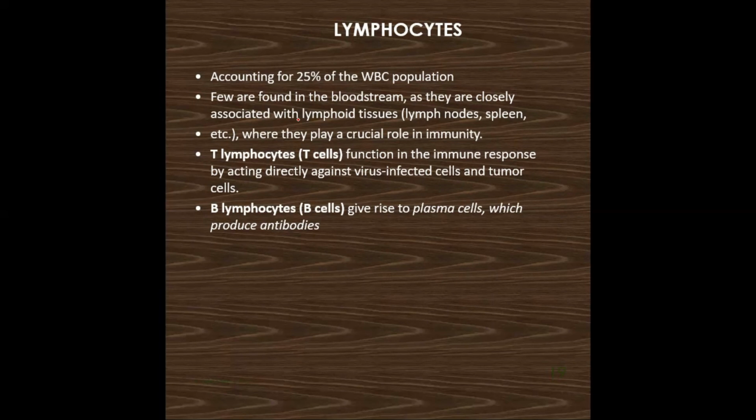These white blood cells are colorless cells formed in lymphoid tissue, hence referred to as lymphocytes. There are two main types of lymphocytes, T lymphocytes and B lymphocytes. These cells are very important in the immune system and are responsible for cell-mediated immunity and humoral immunity. They make up to 25% of the total white blood cell population.